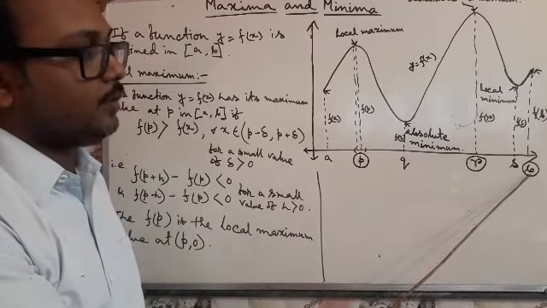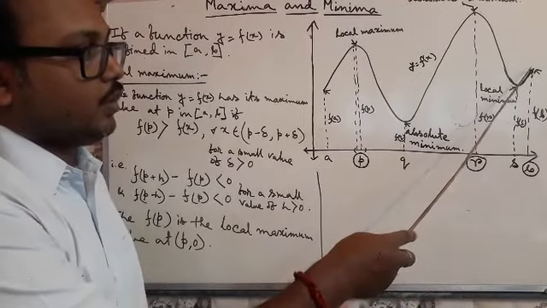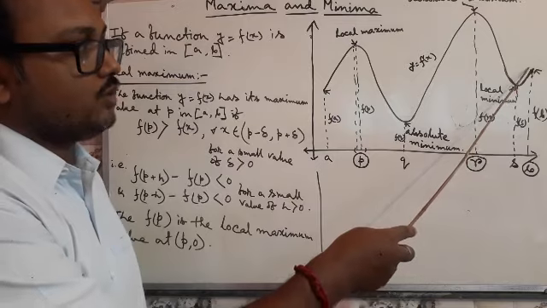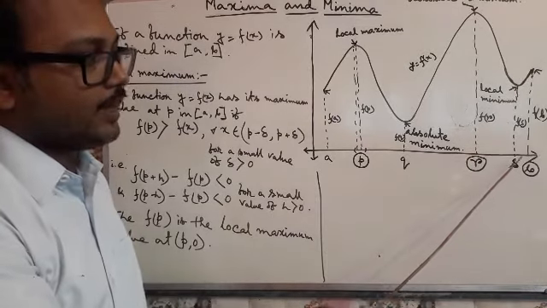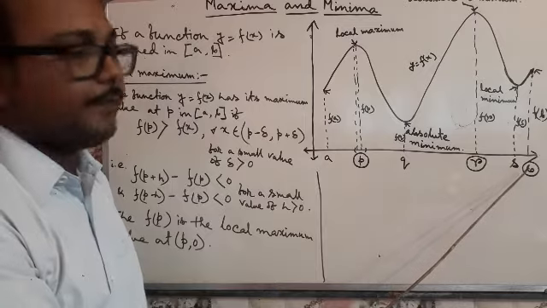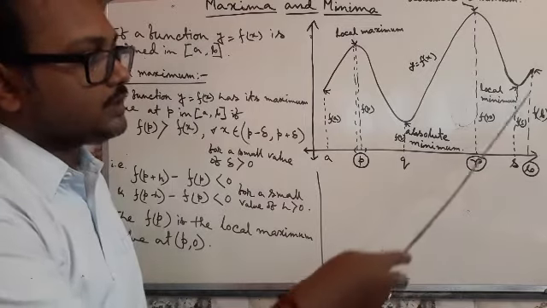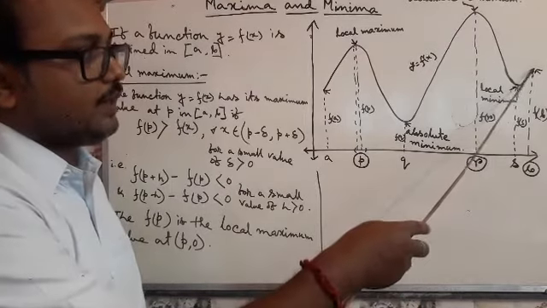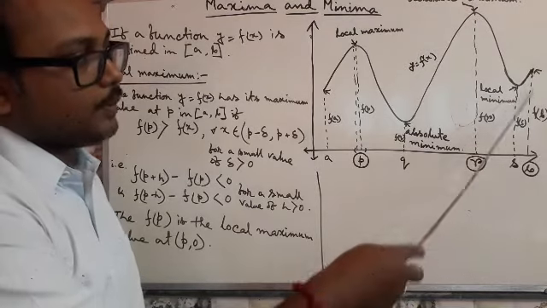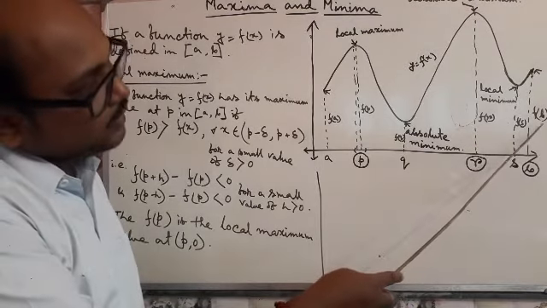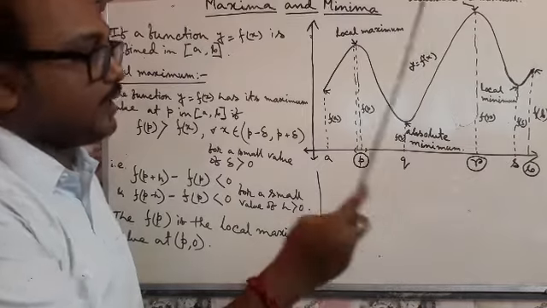So in the neighborhood of b, we have to take only the points located at the left hand side of b. For all those points in the neighborhood of b, f of b is maximum. So f of b is also a local maximum value.